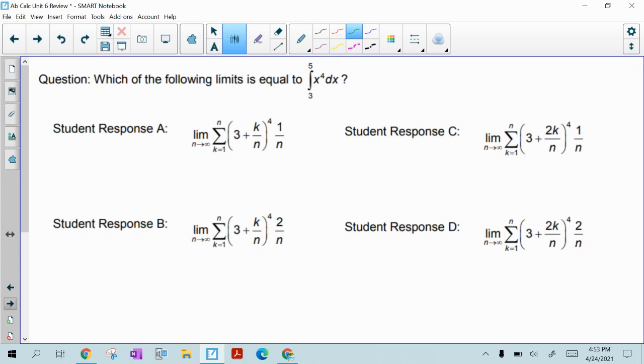When it comes to writing this, I'm going to cheat and do as little work as possible, because these things always intimidate me anyway. I've got 5 and 3, so it's going to be 5 minus 3 over n. I should be seeing 2 over n popping up once inside the parentheses and once outside the parentheses. Nope, nope, nope.